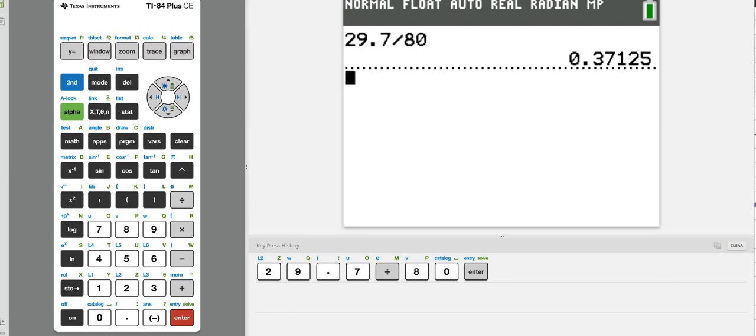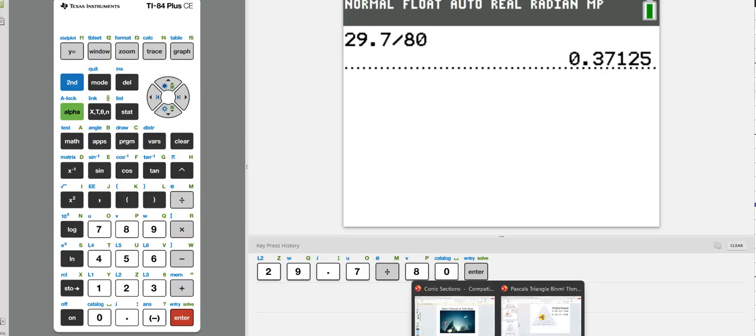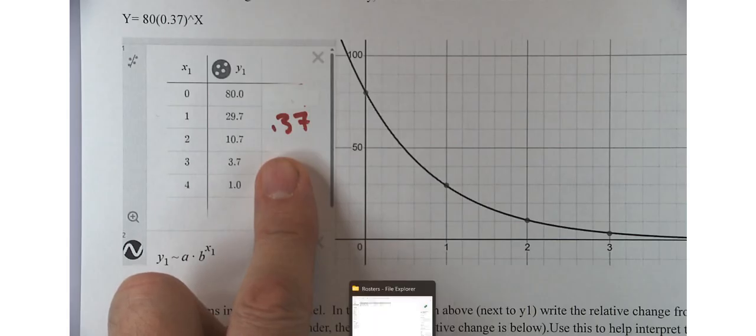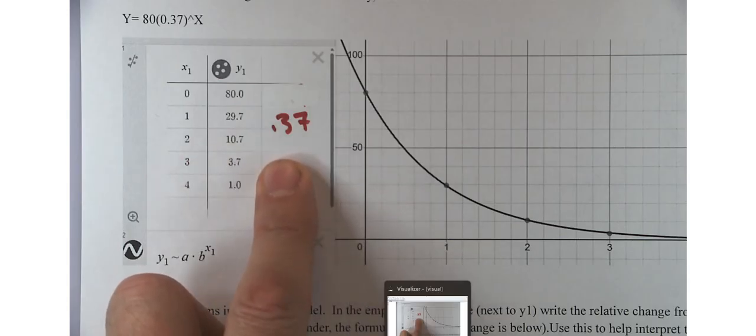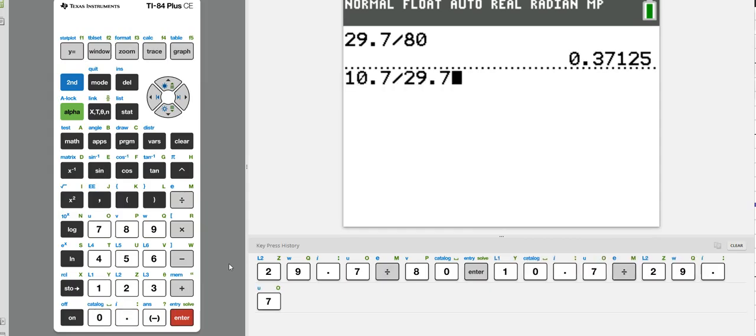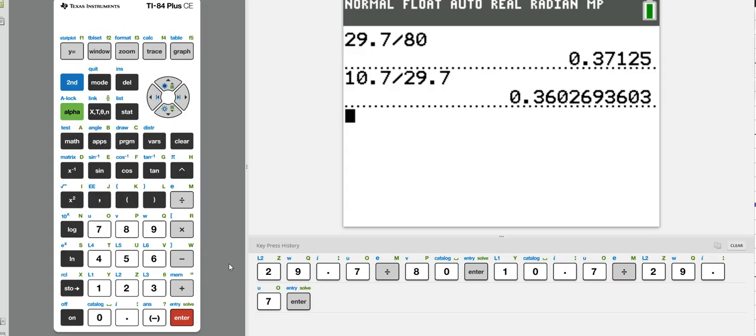So for the next one down, Taya, what else should I divide? Are you doing the 10.7 by the 29? Yeah, doing that 10.7 divided by 29.7. Sure. So 10.7 divided by 29.7, about 0.36.